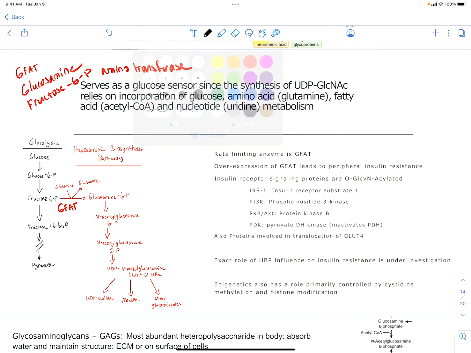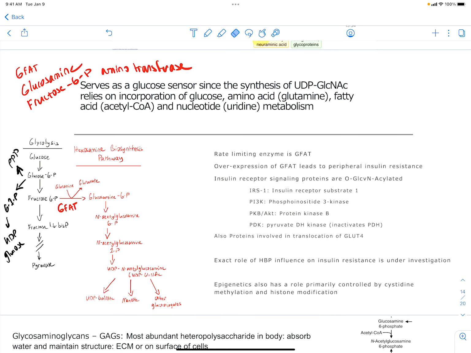So remember, in glycolysis, we have glucose 6-phosphate, and this can go to the pentose phosphate pathway or glucose 1-phosphate to glycogen. Well, I'll put UDP glucose. But fructose 6-phosphate through Gfat can become glucosamine 6-phosphate. And overexpression of Gfat leads to what we refer to as peripheral insulin resistance.